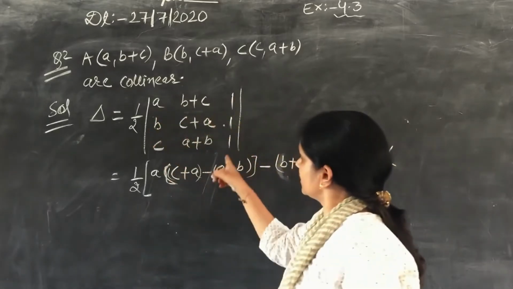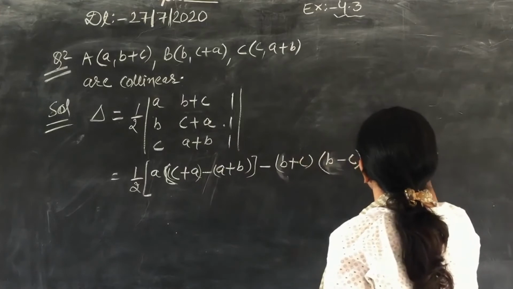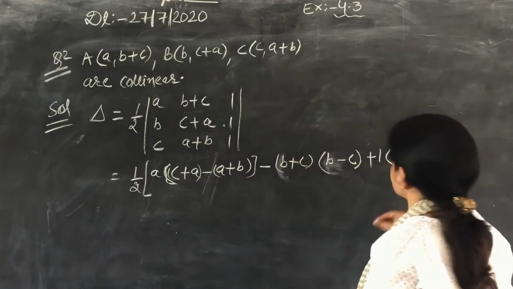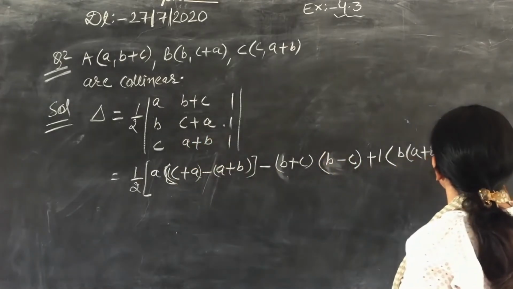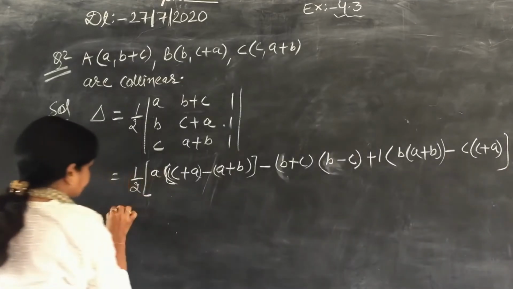Here you have to multiply B with A plus B, and then minus C with C plus A. Okay. And now solve it.